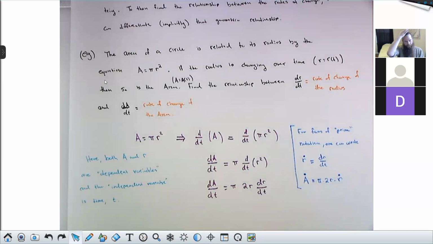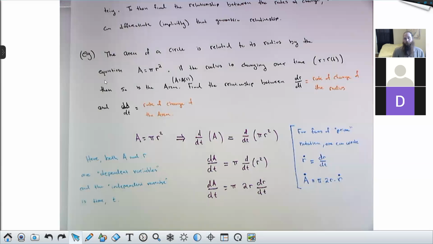It's just the nature of the real world that dynamic systems evolve over time. So time is almost always the independent variable here. It's very rare that something other than time is your independent variable. And anything else that is able to change is a dependent variable, dependent upon time.